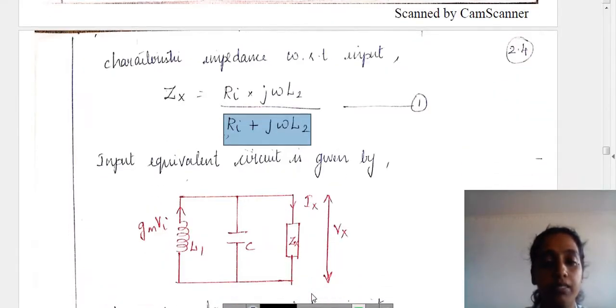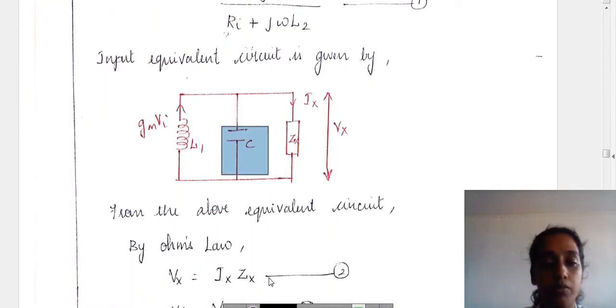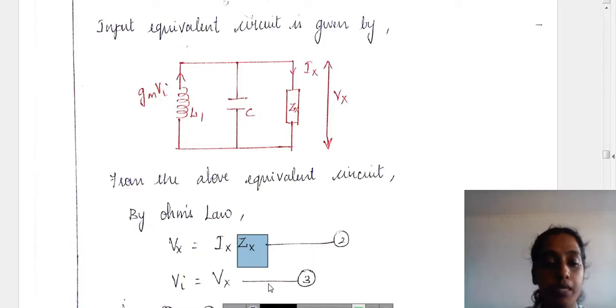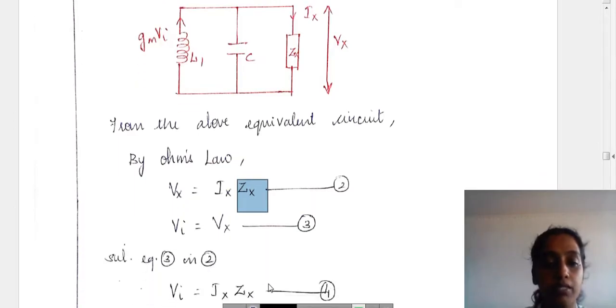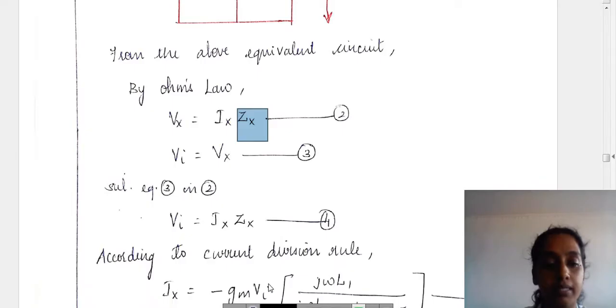Considering the input equivalent circuit, on the input side we have L1 and one capacitor. By Ohm's law, we know that V = I × R. Here we have impedance, so Vx = Ix × Zx. Let me consider the input Vi as Vx, so Vi = Ix × Zx.